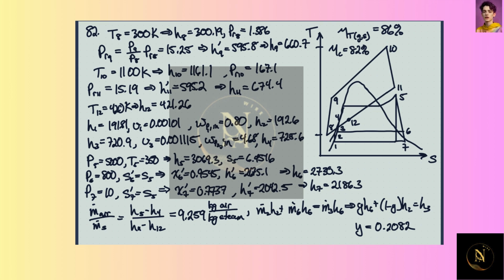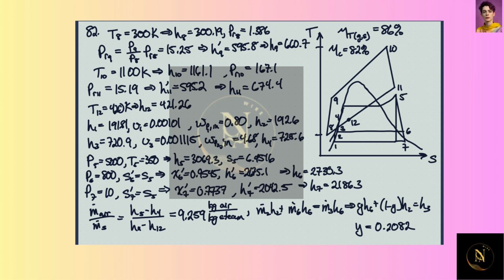Combustion gases leave the gas turbine, then are used to heat the steam. Then steam is at 5 megapascals, and we heat it up to 350 degrees C. Combustion gases leave the heat exchanger at 420 Kelvin. You have an open feedwater heater in the system, so we have stuff kind of recycling back.